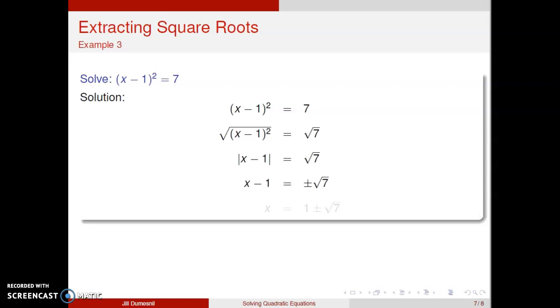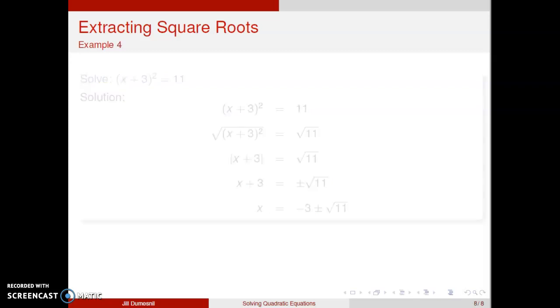Removing the absolute value produces a plus or minus. This actually gives 2 equations, but we often keep them written together. Adding 1 to both sides produces the two solutions x equals 1 plus or minus root 7. We could not have found these solutions by factoring.